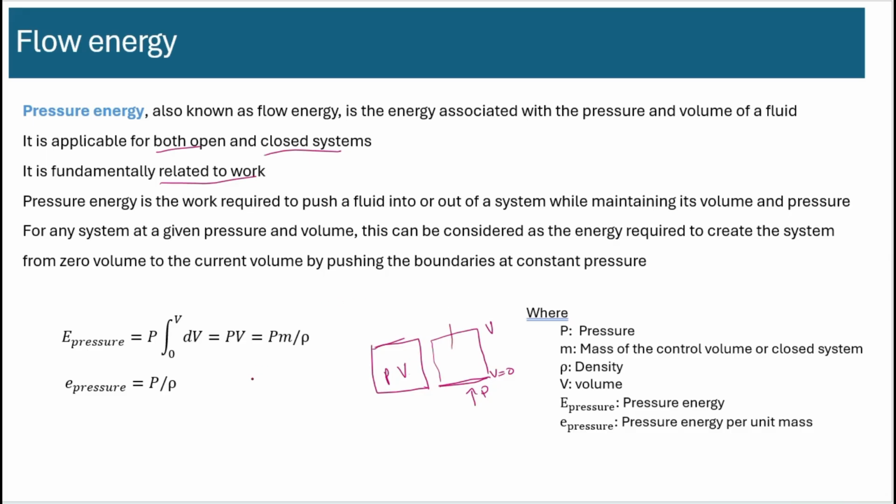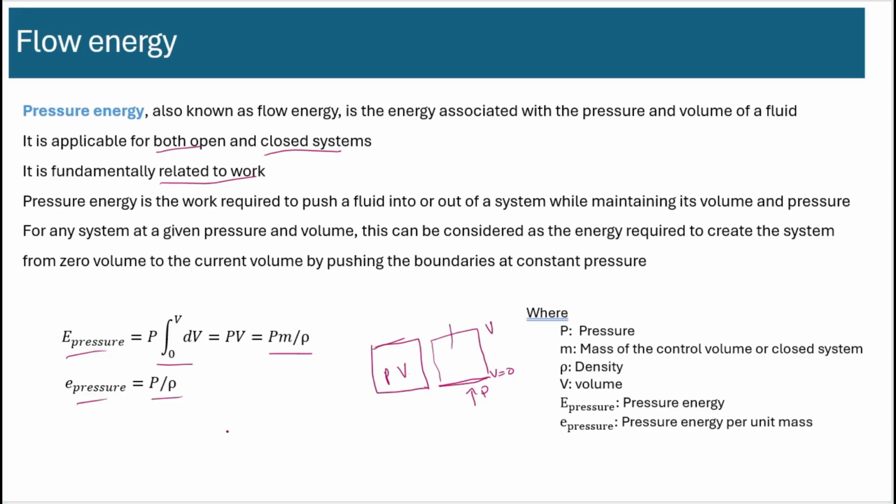Okay, so basically it's this equation, integral from 0 to V of P dV at constant pressure. You can also write it in terms of mass and density. Okay, so specific pressure energy would be, you will divide this by the mass and you'll get pressure over density. So that's the specific pressure energy.